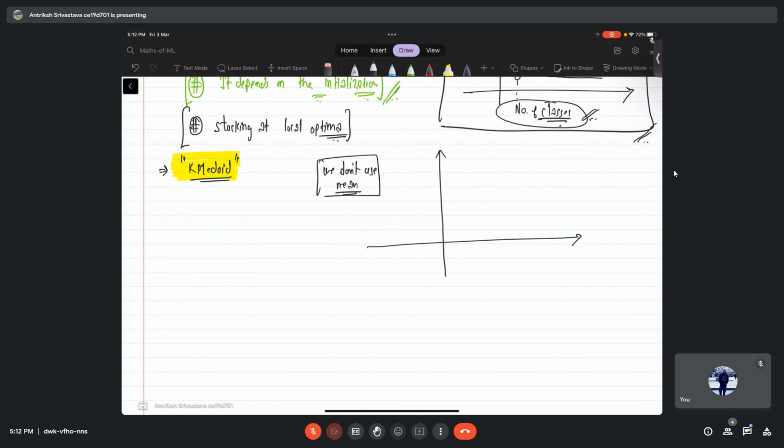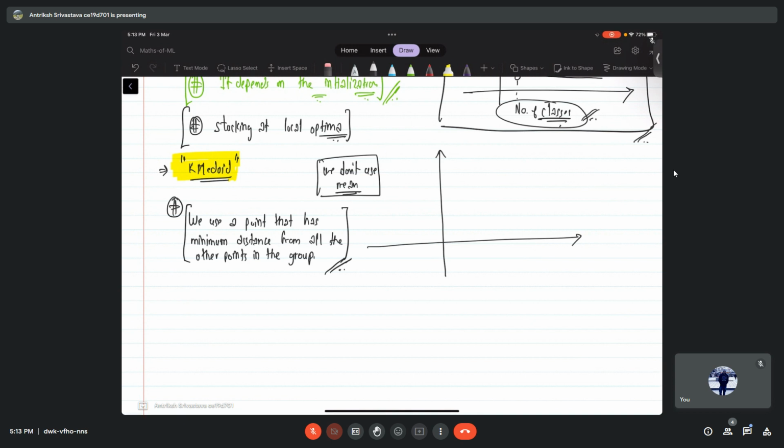Rather, we use a point that has minimum distance from all the other points in the group. So this point is not fixed.